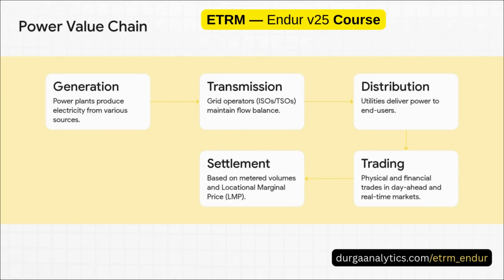For an ETRM system, this means risk management isn't a daily thing, it's an hourly, sometimes even a 5-minute challenge. The key variable here is almost always the locational marginal price, or LMP. Think of LMP as the grid's way of telling you exactly where it's under stress and where the bottlenecks are.